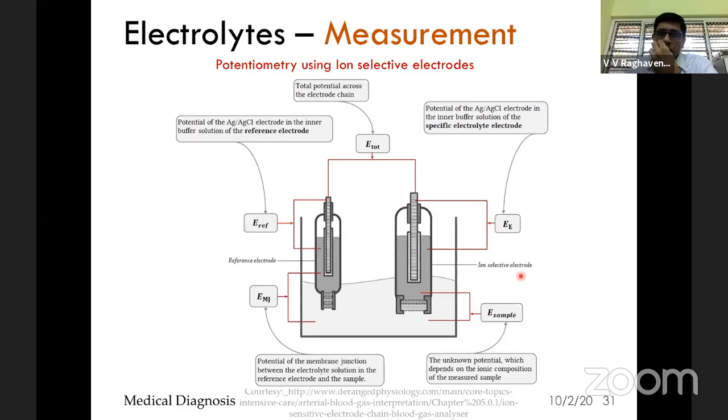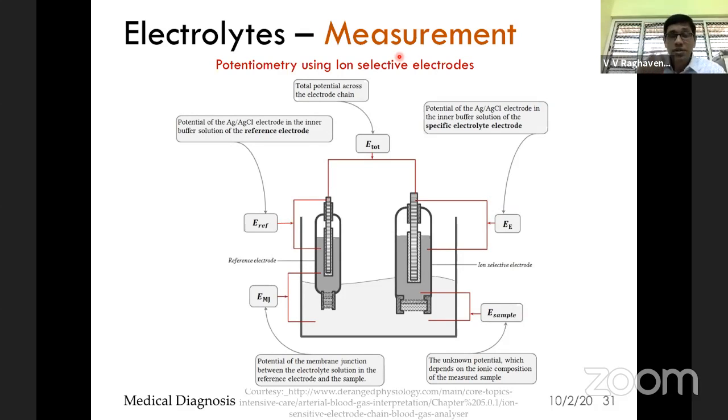Here you have, however, something called ion selective electrodes. Most important, you have to select the ion of interest, whether you want to quantify potassium or chloride or sodium. What is it that you want to quantify?